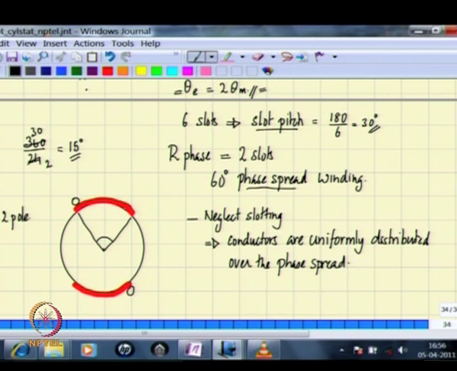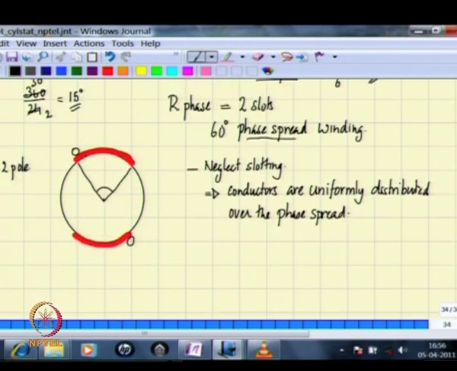So uniform distribution of conductors implies that we have neglected slotting effects. Other assumptions which we have made earlier continue to hold, that we neglect saturation, and we neglect iron losses, and under these assumptions we want to determine the inductance.